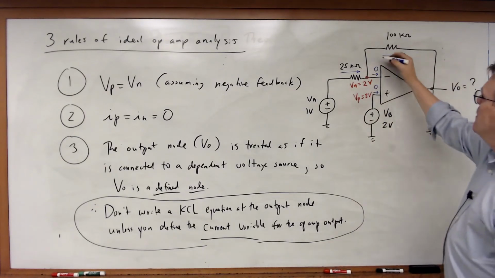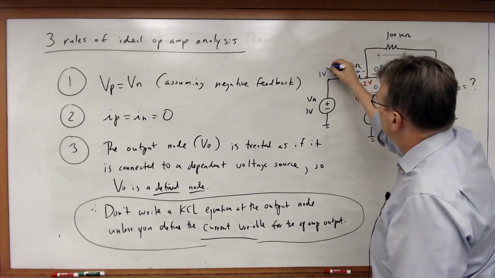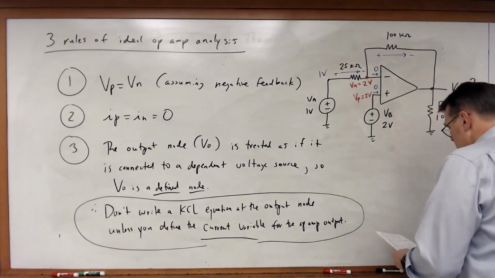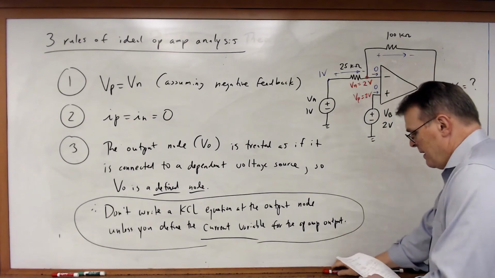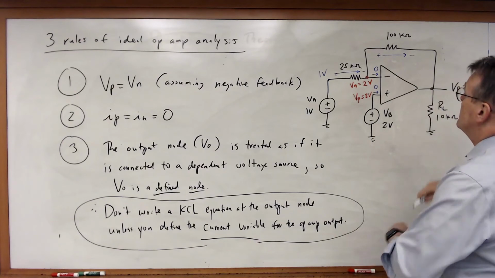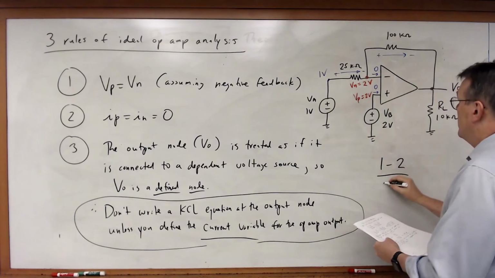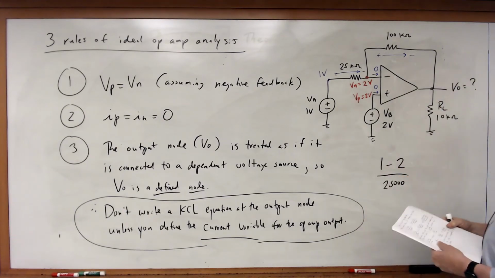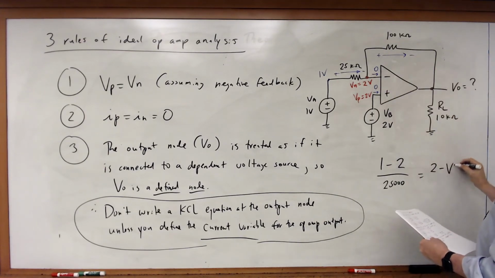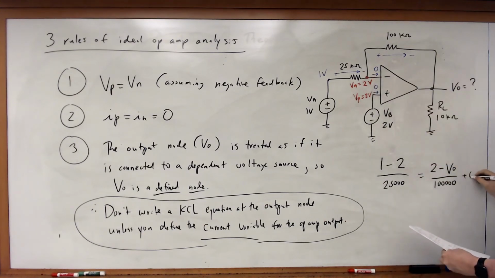So at the inverting input node, I'm going to pick some current directions through these two resistors. This must be 1 volt. That node is defined. Now I can write my KCL. In this case, what I get is (1 minus 2) divided by 25,000 must be equal to (2 minus V sub O) divided by 100,000 plus 0.